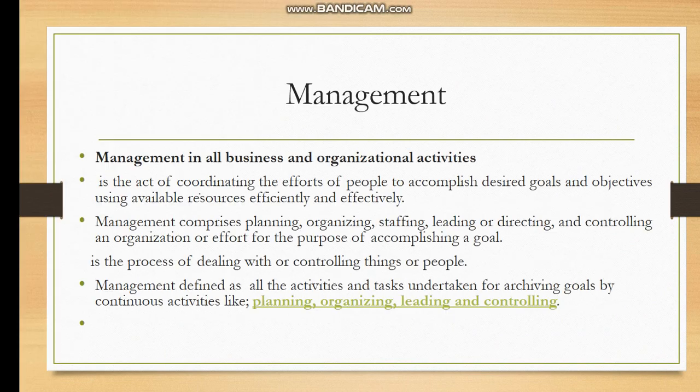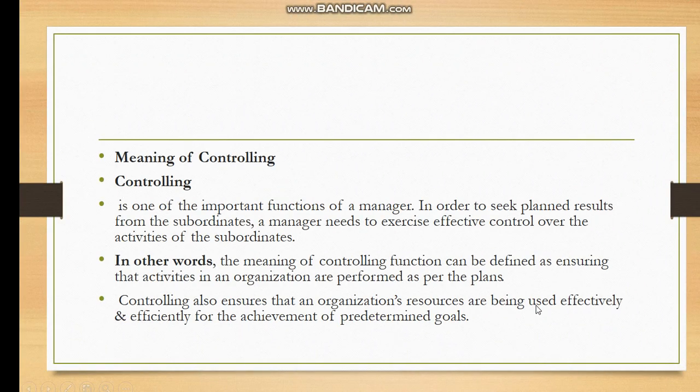Also, management is defined as all activities and tasks undertaken for achieving a goal. So all activities and tasks that are taken for achieving goals, this is also management, like when you are planning, organizing, leading, and controlling.